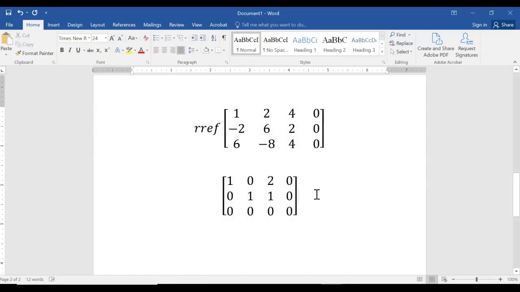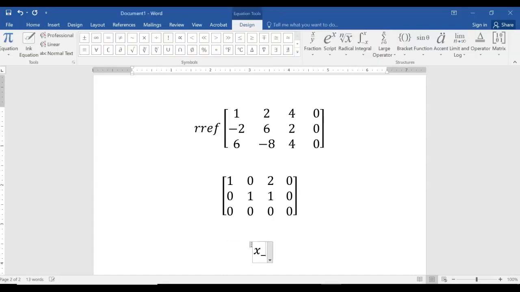Okay? Now, if we were to write the general solution to this, x1 would be equal to negative 2x3.